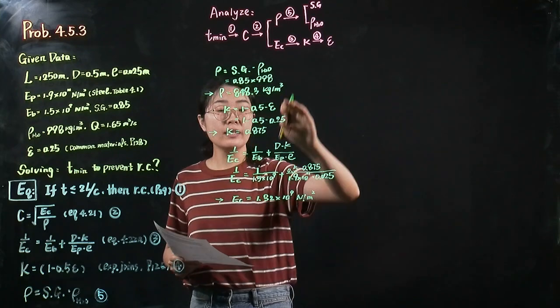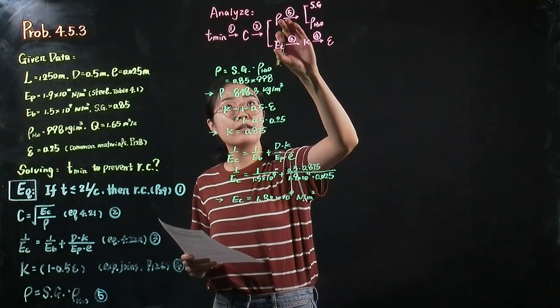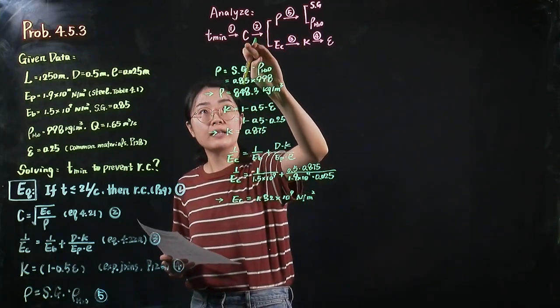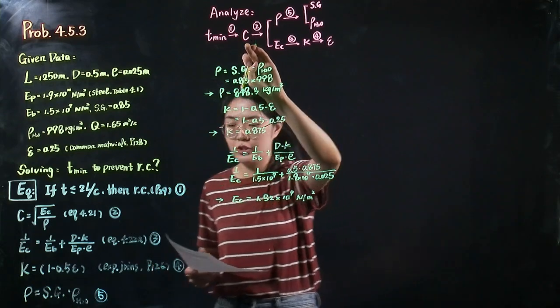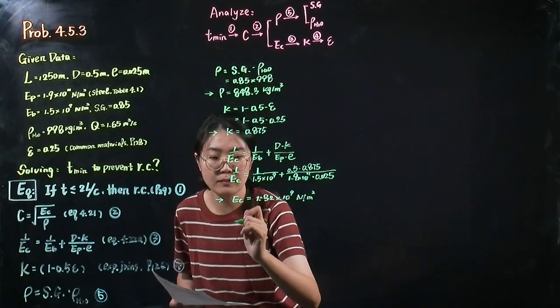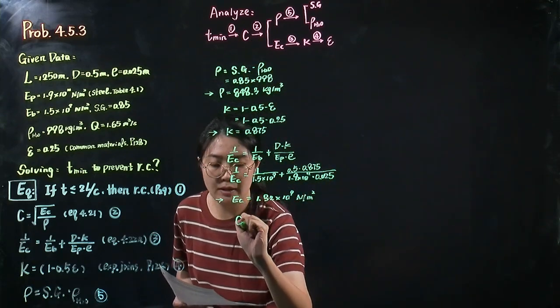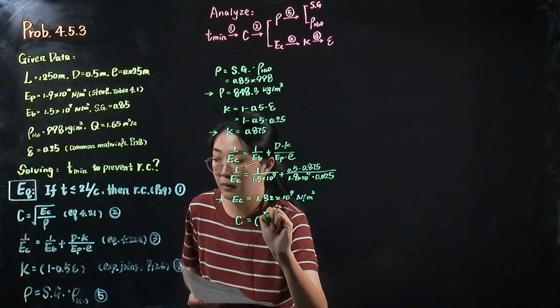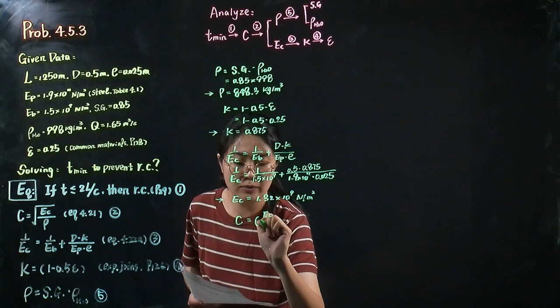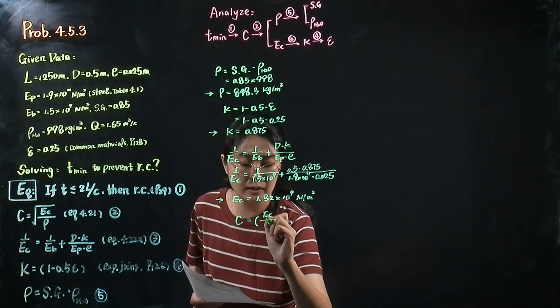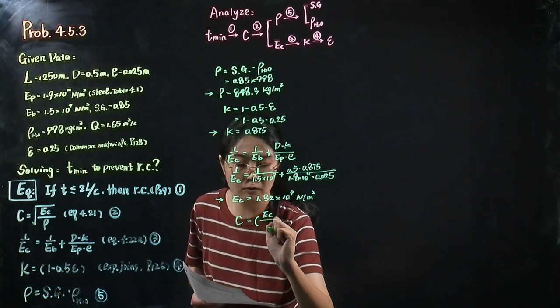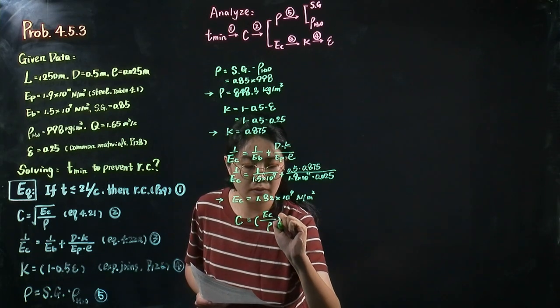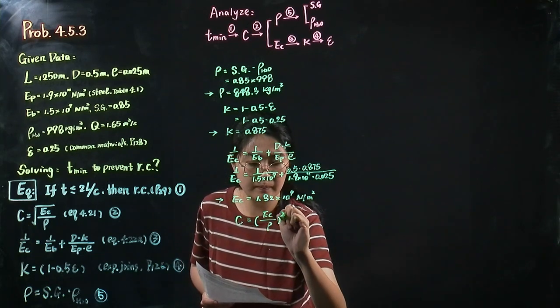Okay, so currently we have these two values. Then we can calculate the celerity based on equation 2. The celerity equals the square root of E sub C over the density of the oil.